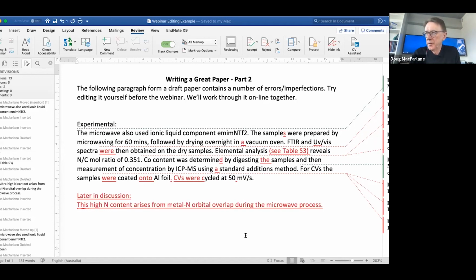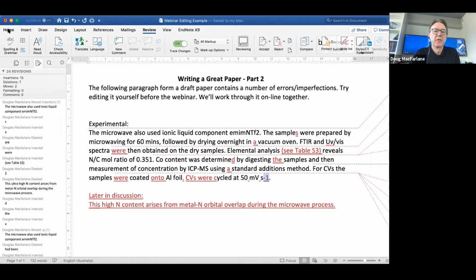In fact, that's always true. Some journals will have specific instructions about how you present something like that, as opposed to this style. And let's make sure everybody is following what I'm doing.